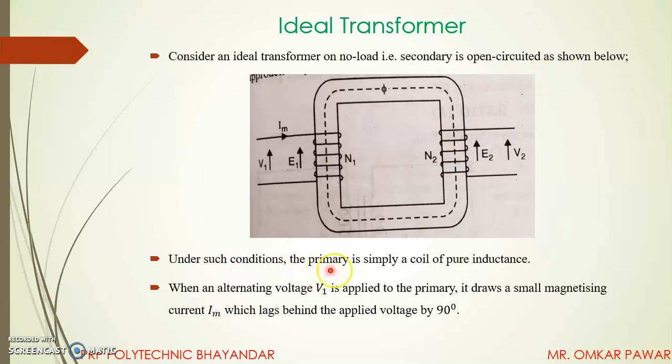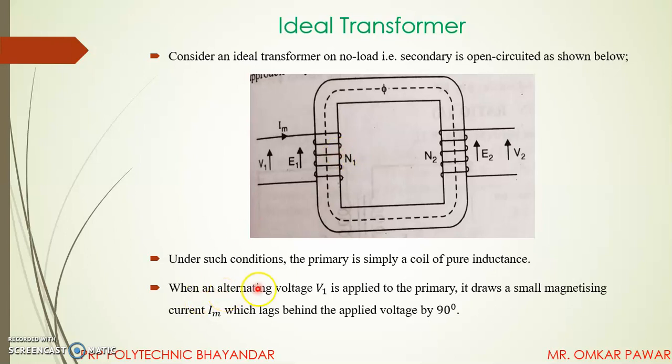Under such condition, the primary is simply a coil of pure inductance. As we already discussed, in an ideal transformer there is no leakage flux and also no resistance present in the winding, so this winding is taken as a pure inductance.